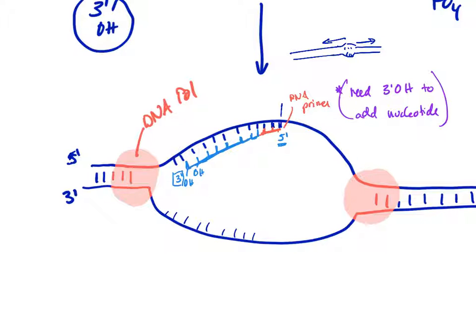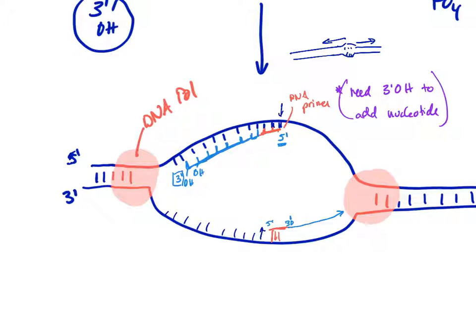So if it starts here and it also starts here, here's your primer. As it moves towards the replication fork, this again is going to be 3 prime, 5 prime, 3 prime, because it opened up that way. And this is towards the replication fork. It's going to be continuous. It's going to keep going.